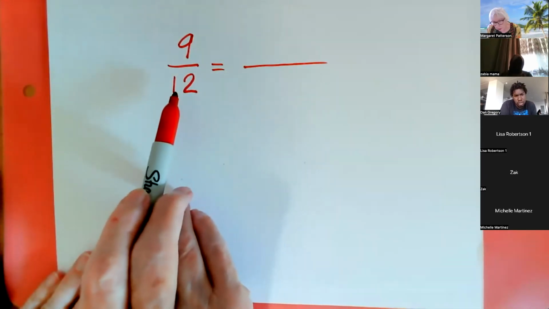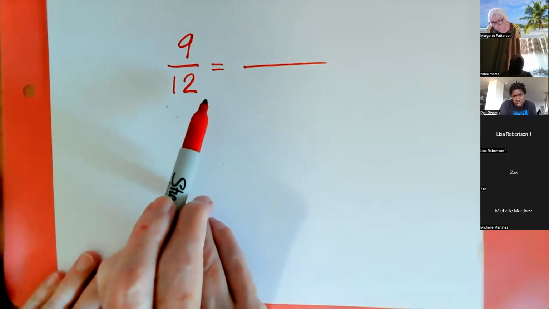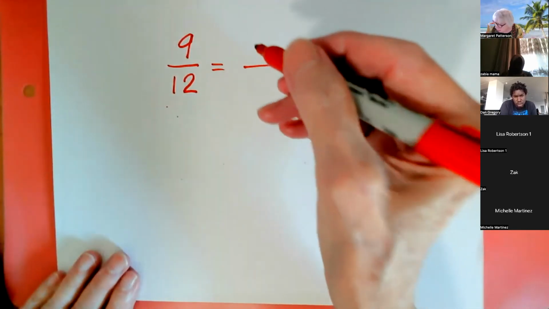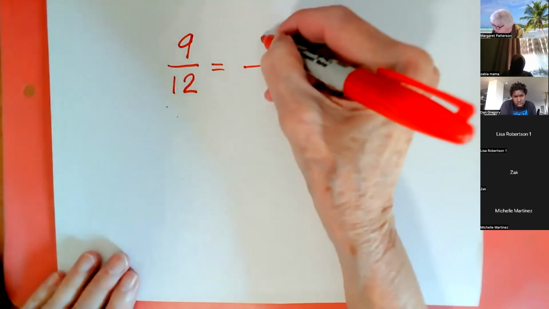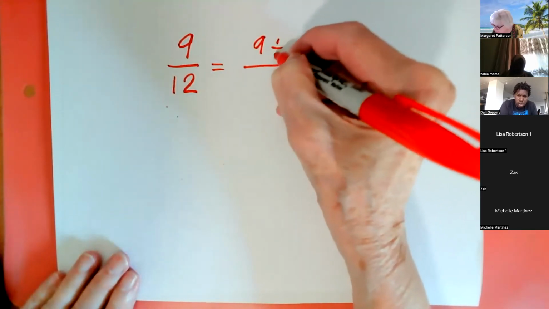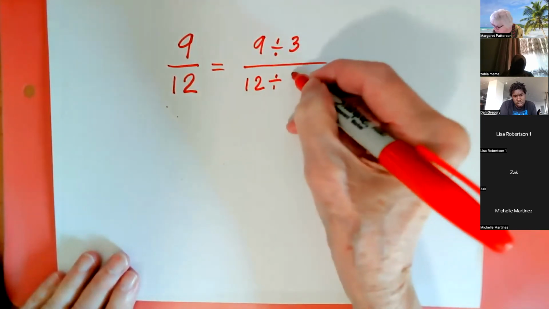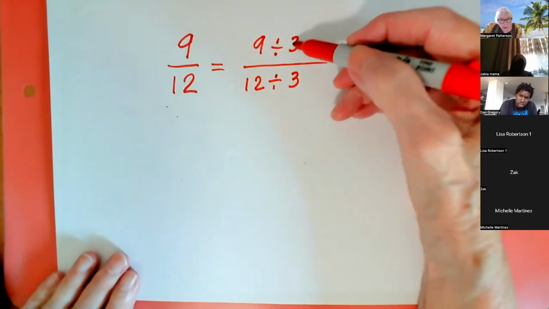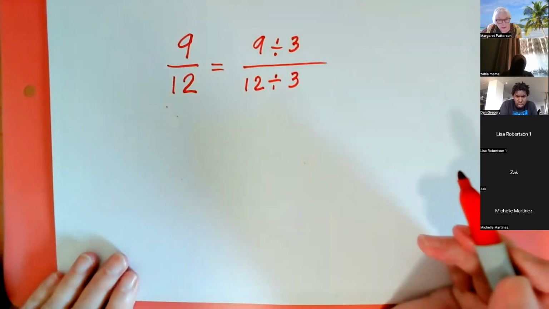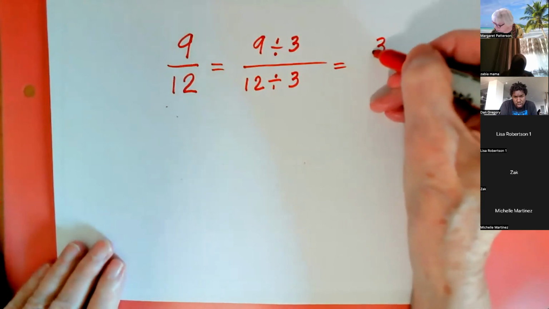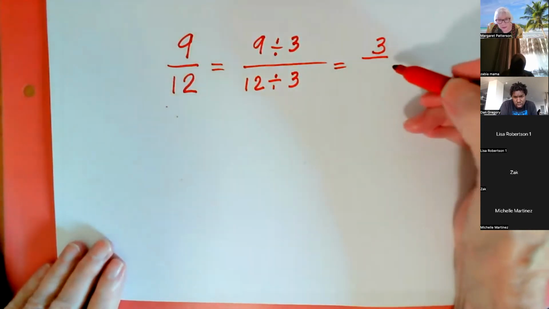And I think I can see that 12 is 3 times 4. That's a really good clue. So one way to do it is 9 divided by 3, 12 divided by 3. So I'm dividing by 3 over 3. 9 divided by 3 is 3. 12 divided by 3 is 4.